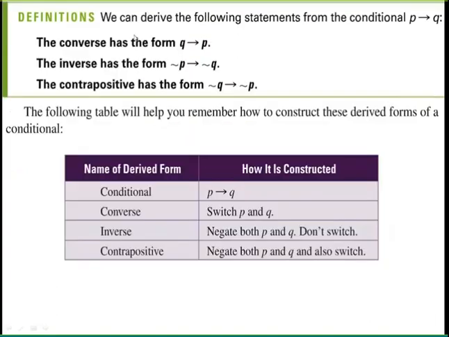So we can derive the following statements from this conditional, if P then Q. So the converse is you take the Q and the P and you replace them. You switch the order. In other words, you put the conclusion first, then the hypothesis. The inverse takes it the way that it was, and it says not P, then not Q. And then the contrapositive is basically taking the inverse of the converse.